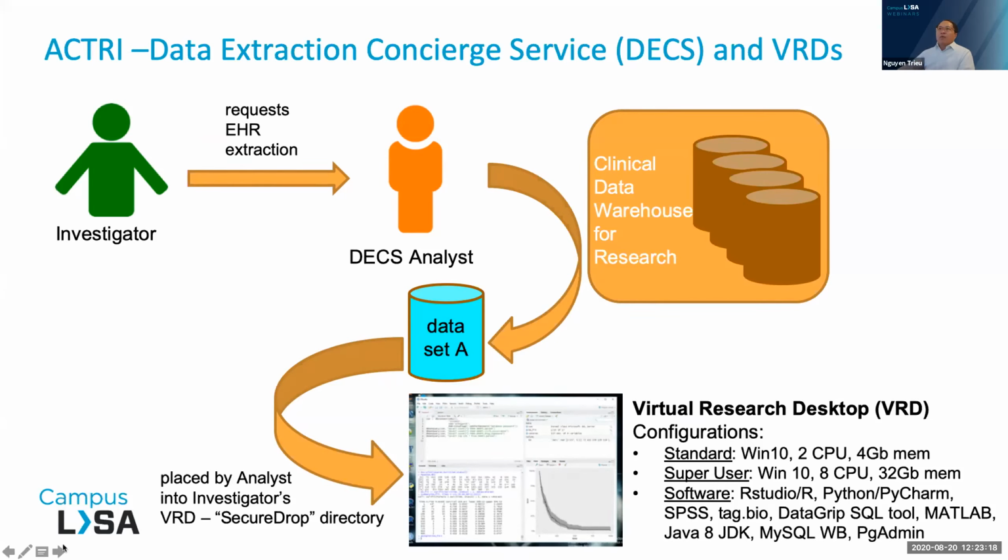They will then work with the PI, and our DECS analyst will extract that information into the VRD for secure storage and analysis. Once it's in the VRD, it gives the researchers and their collaborators a lot of functionality and affordances with analysis tools such as R, SPSS, and various other tools as well.